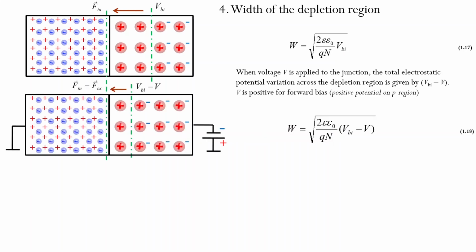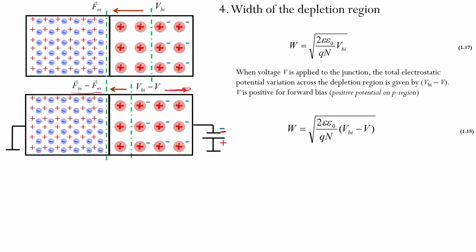So let us see what will happen when we apply negative potential to the N-type semiconductor. Negative potential means that we apply positive potential to P-type. So the external electric field, in this case, will be oriented from left to right. It always goes from plus to minus. That means the external electric field will reduce the internal electric field, as shown here.